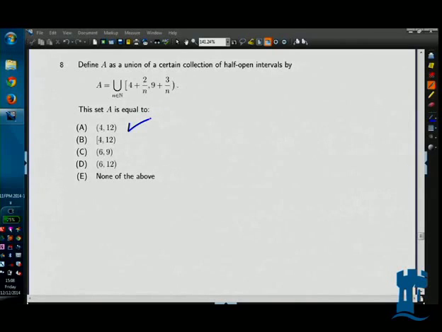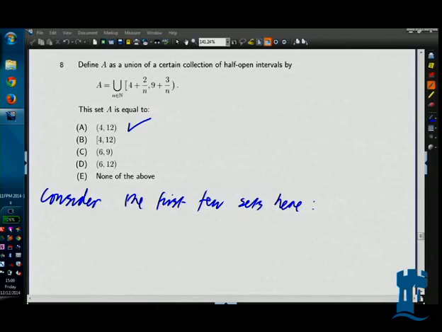So consider the first few of these sets. Let's give this a name, set A_n equals the interval from 4 plus 2 over n up to 9 plus 3 over n.